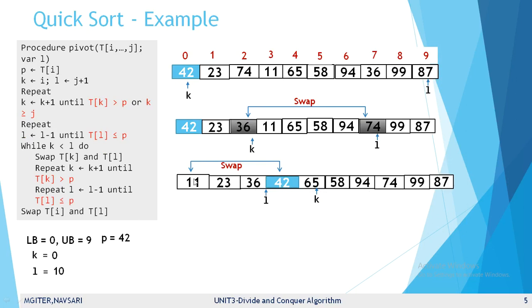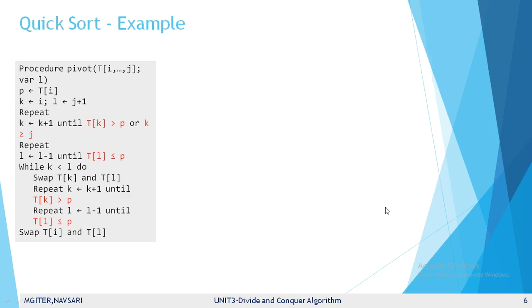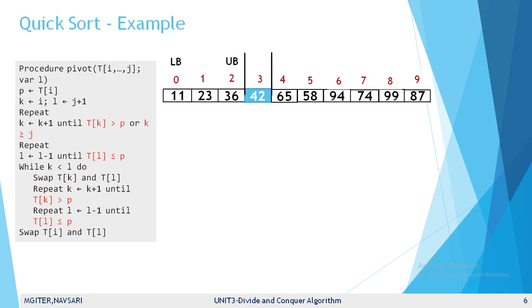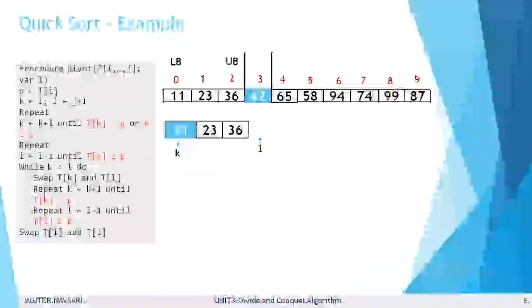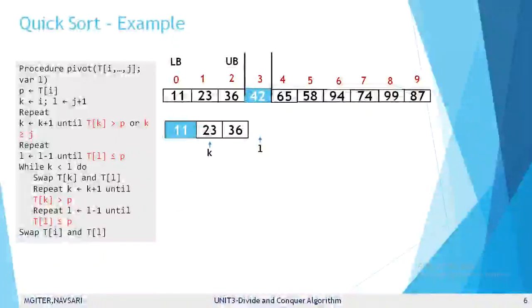Now we apply the same procedure to the left sub-array and the right sub-array. Here we assign the lower bound and upper bound. The pivot element is 11. Increment K. K is at index 1, and the value at index 1 is 23. 23 is greater than 11? Yes.